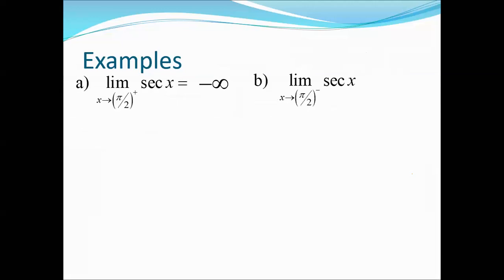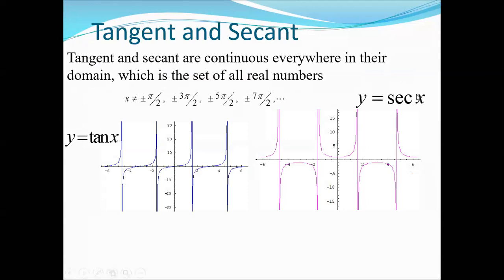These are some examples. That is sec. Again, from one side it is minus infinity, and from another side it is plus infinity. Because in the graph we can easily see here, this is our pi by 2, and from this side, that is from the left side, we go to plus infinity, and from this side, that is from the right hand side, we go to minus infinity.